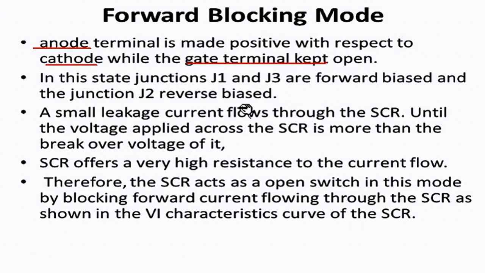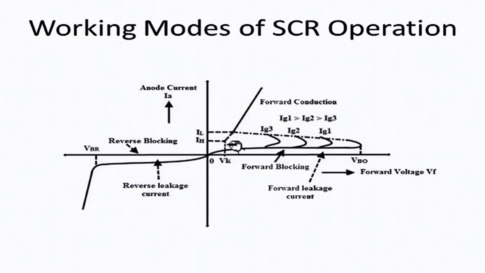In this state, junctions J1 and J3 are forward biased and J2 is reverse biased. In this condition, only a small amount of leakage current flows. This can be understood by seeing this VI curve. We can see only a small amount of leakage current which flows through anode to cathode. That is forward blocking mode.